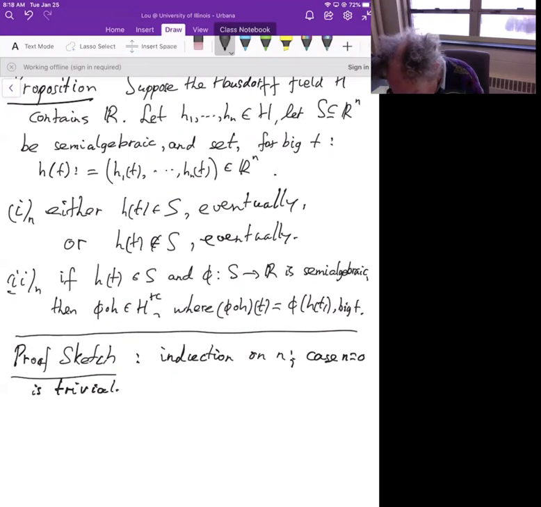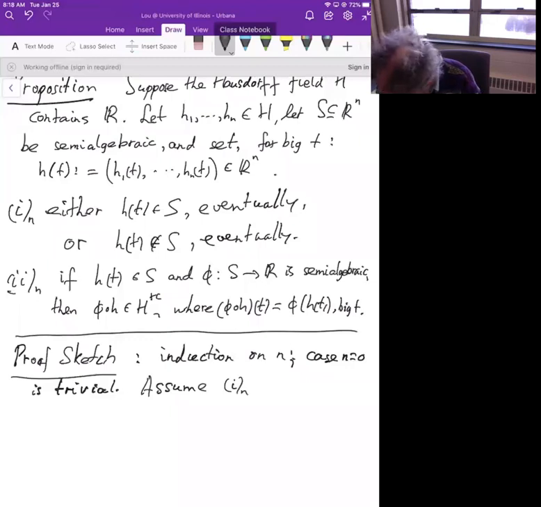And now to make the induction work smoothly, you start with assuming claim 1 sub n, and then you prove from that claim 2 sub n.